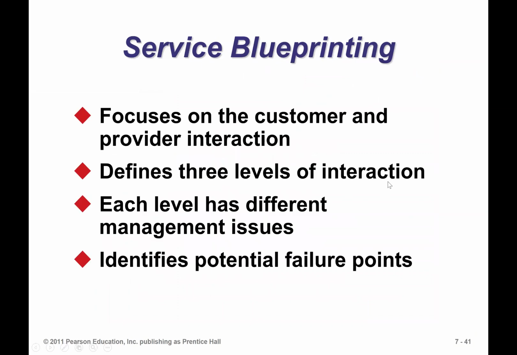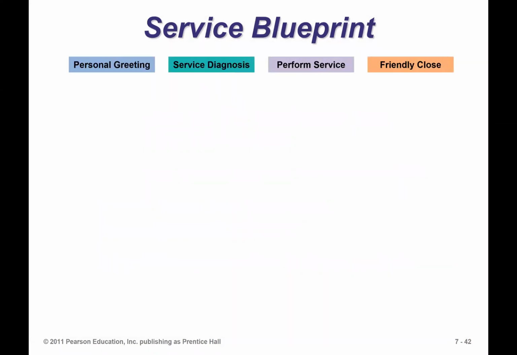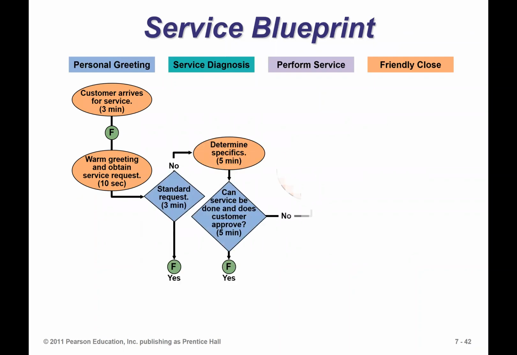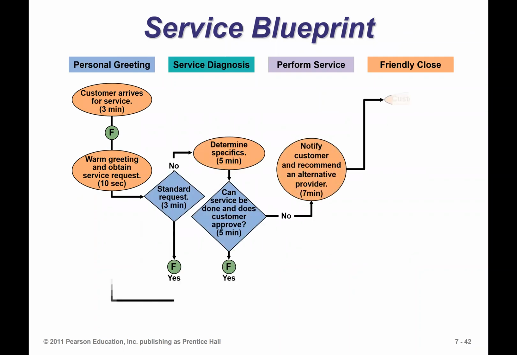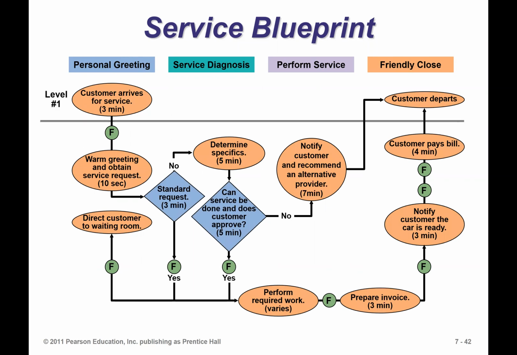Service blueprint focuses on the customer and the provider interaction. It defines 3 levels of interaction, and each level has different management issues. It identifies potential failure points. Again, this one is just to introduce you to what it looks like. So they're showing the 3 different levels: level 1, level 2, level 3.